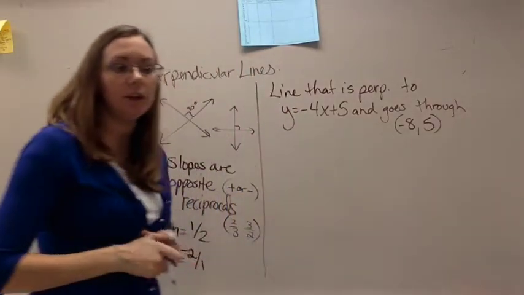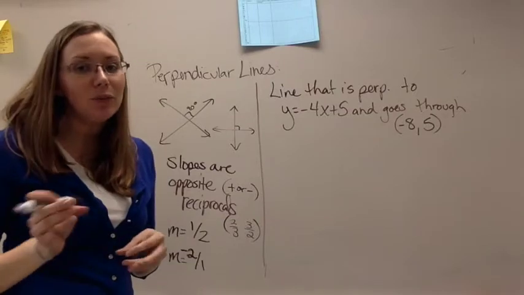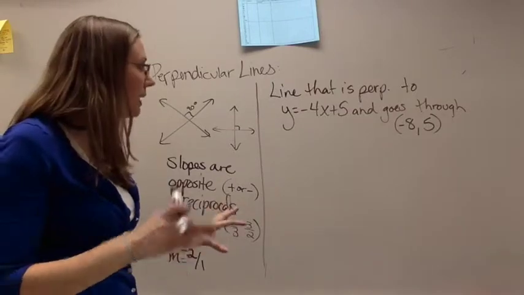Hopefully this one turns out kind of nice. I want our first one to not have as many fractions in it, but it's going to feel kind of nasty at first. So bear with me.